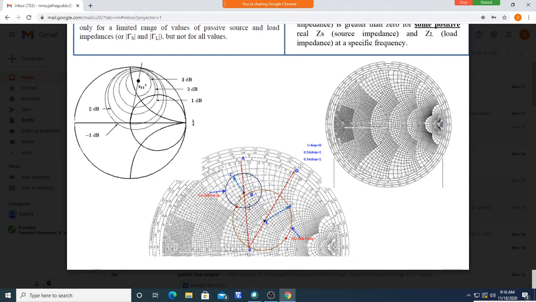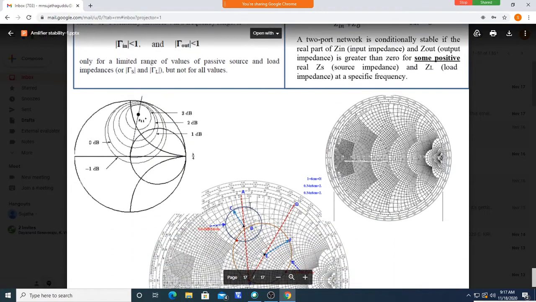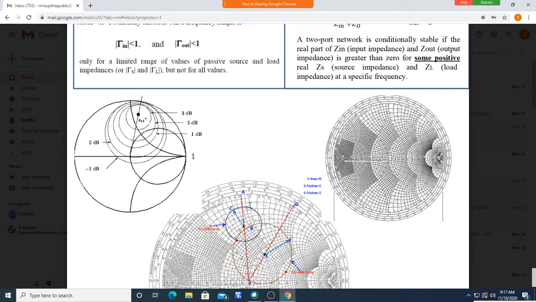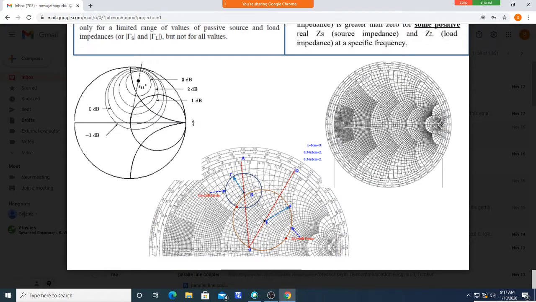So you should first check whether the amplifier is unconditionally stable. After the checking, if you come to know it is unconditionally stable, then no need to worry about what value you choose over the circle. You can use any value over the circle.